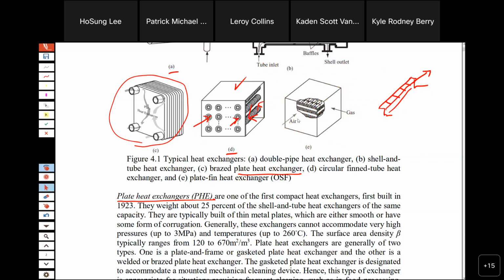This air and this gas, mixed or unmixed? It's one. Unmixed. Yes, unmixed. So a little bit you have to think about physically. Otherwise it's the same.